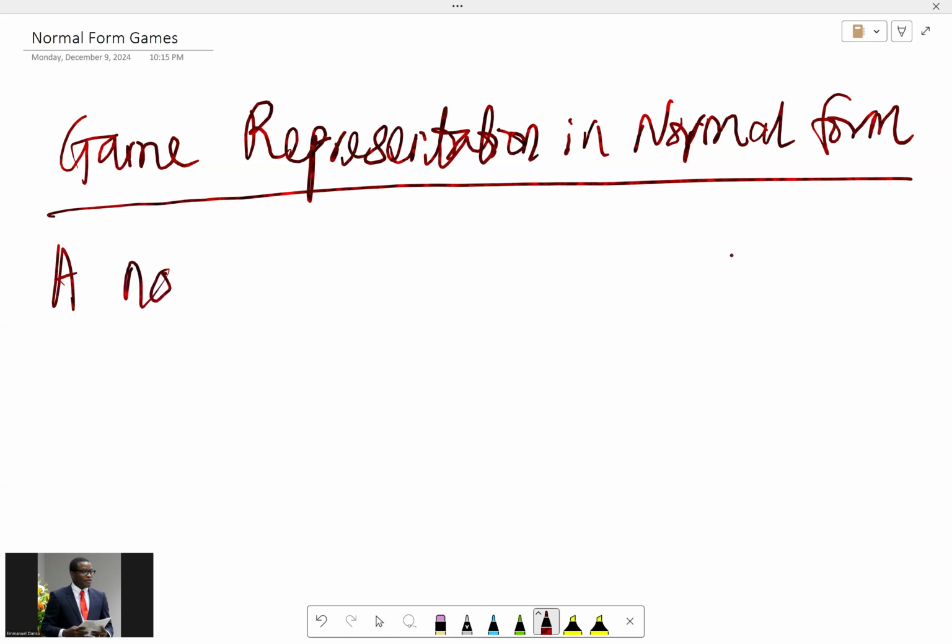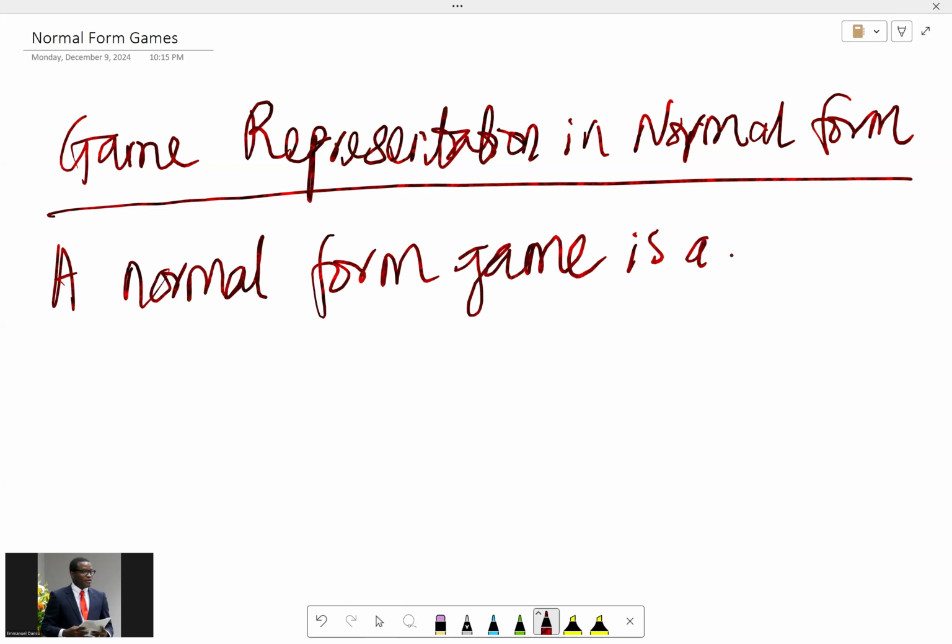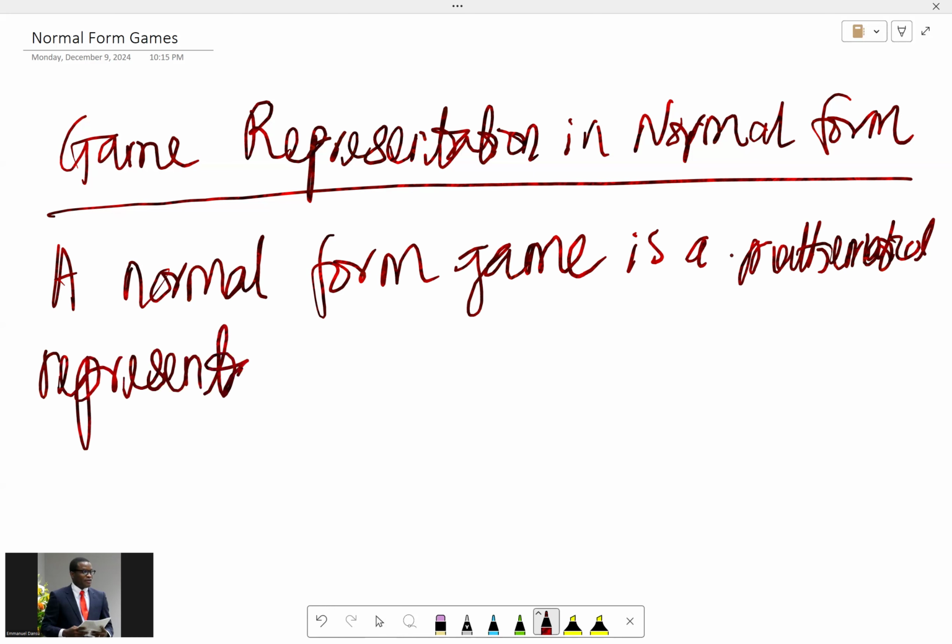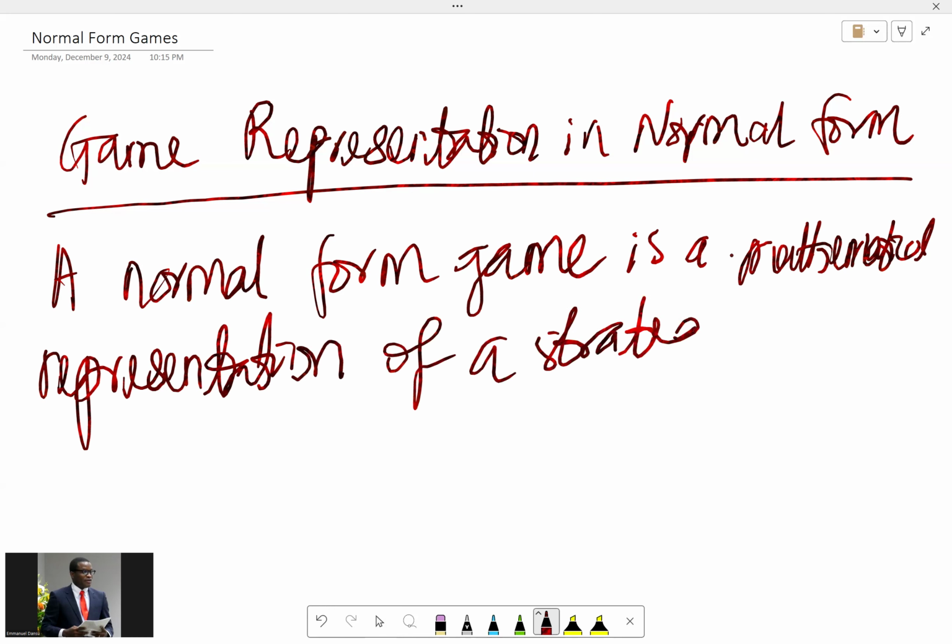So, a normal form game is a mathematical representation of a strategic interaction between players, of course, which is in essence what a game is.